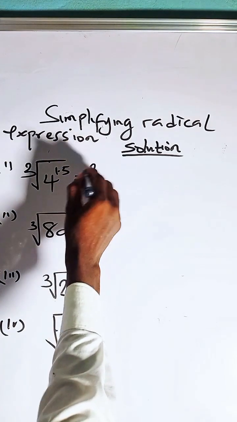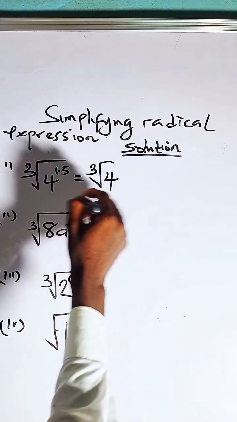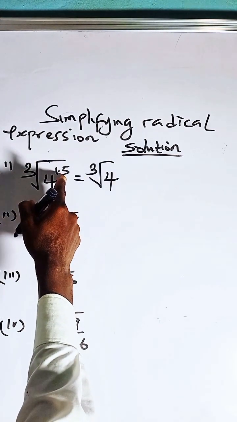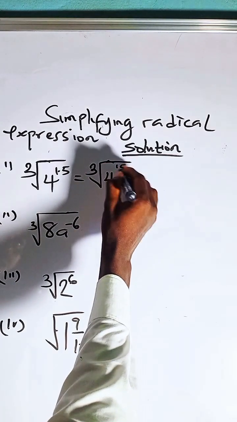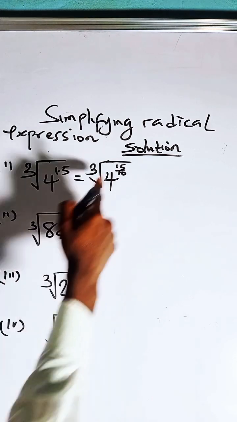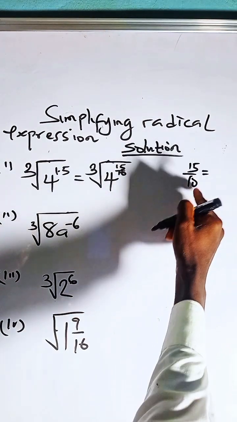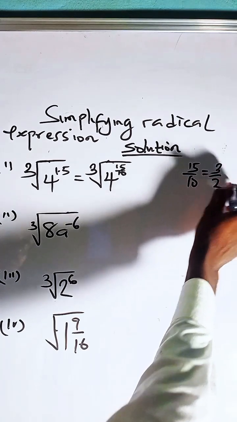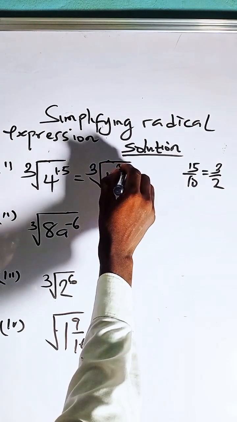For 1.5, we can convert this to a fraction: 15 over 10, and when we reduce it further, we have 3 over 2.